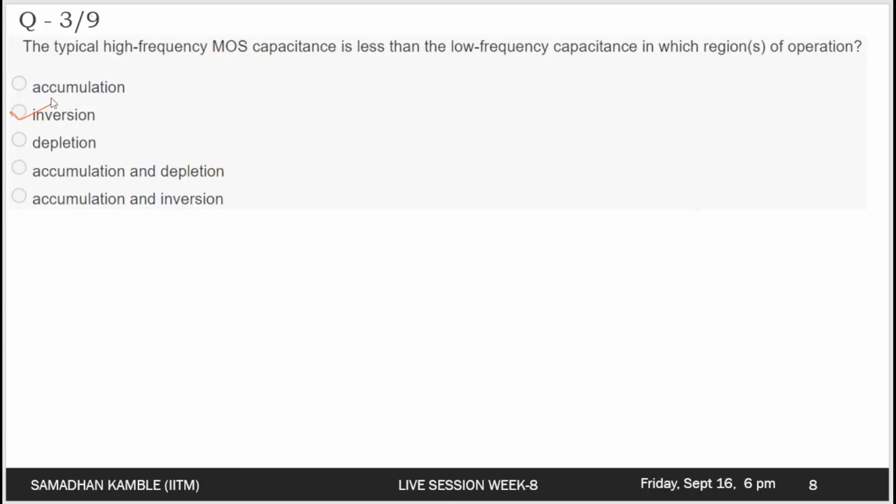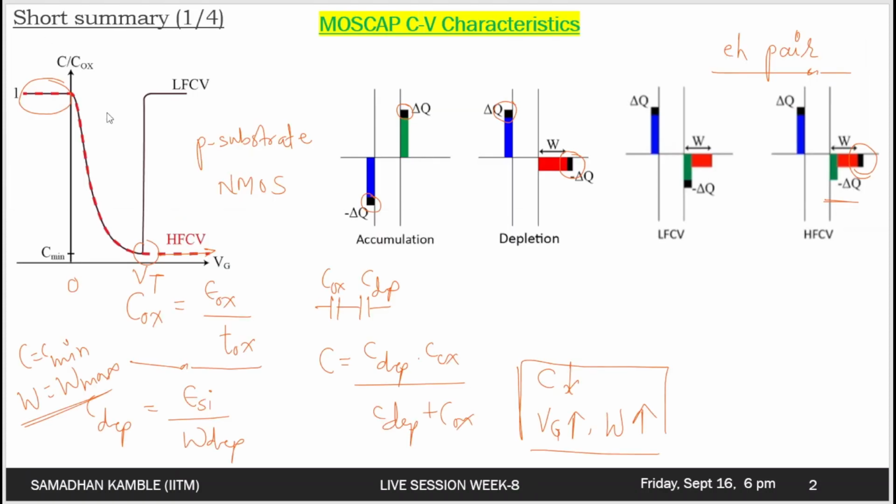Did you get it? Could you repeat it? Yeah, sure. As you can see in the figure itself, all the characteristics are shown here. In this particular picture, we can see that in the accumulation region and also in the depletion region, the high frequency and low frequency do not affect, because high frequency affects only the inversion region, where the electron hole pair generation is a factor which is dependent upon time, like how fast the input signal is varying.